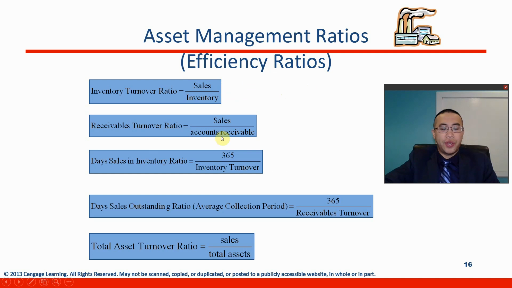Another turnover ratio here is the receivable turnover, which is sales divided by accounts receivable. So let's say during the whole year, you have accounts receivable of $10 always. So that means people always owe you $10 no matter at what time of the year. And your sale is $20.